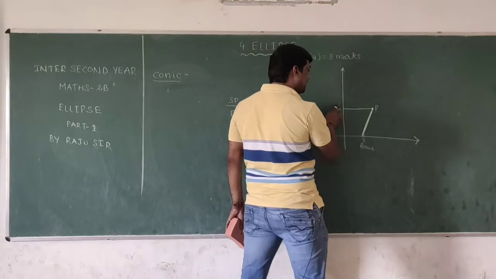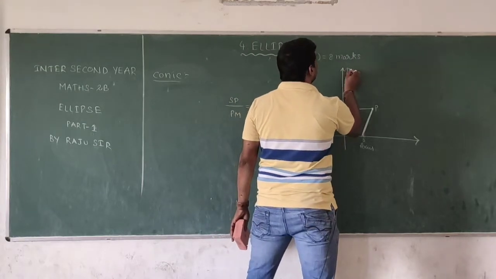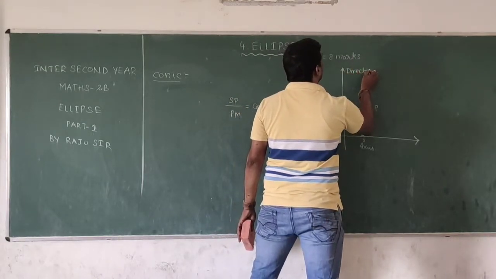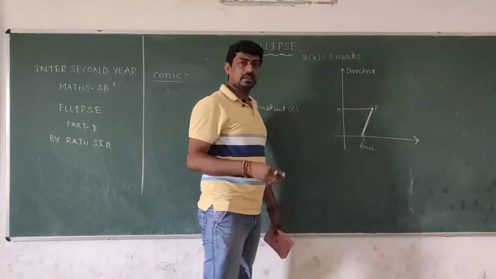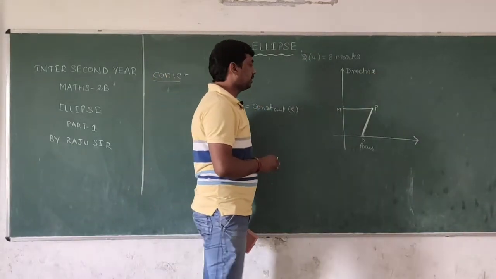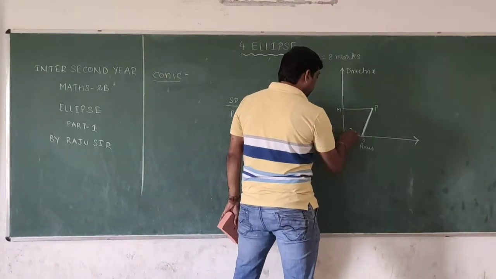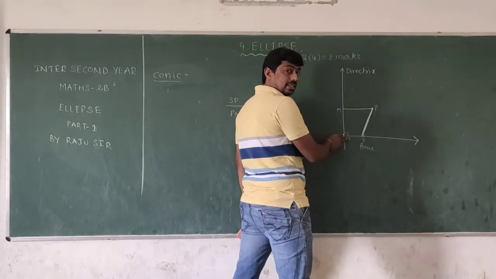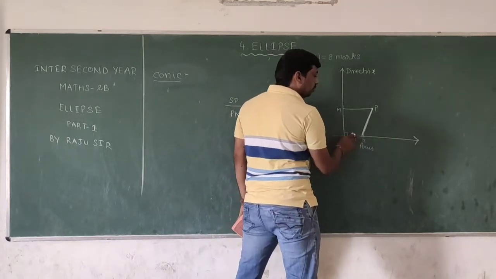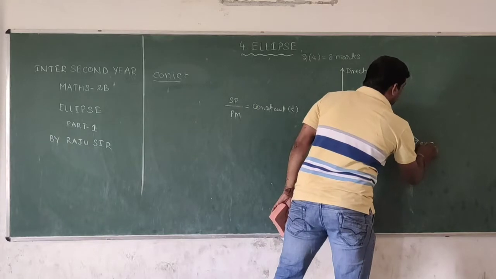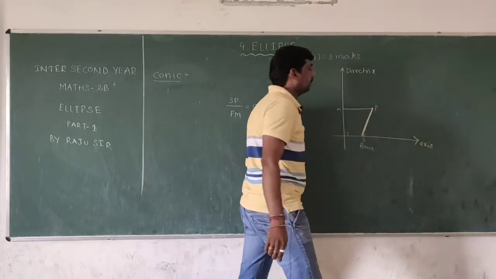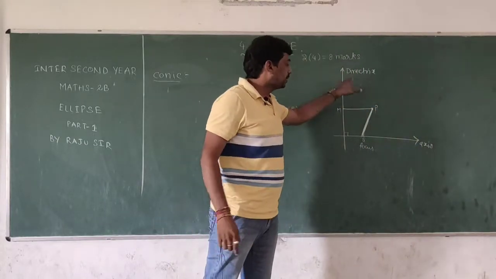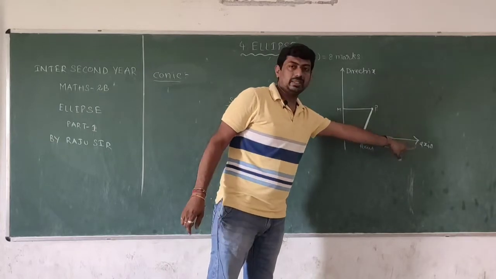Next, this fixed straight line is treated as the directrix of the conic. Next, the perpendicular line to the directrix which is passing through the focus is called the axis. Okay, directrix, focus, axis.